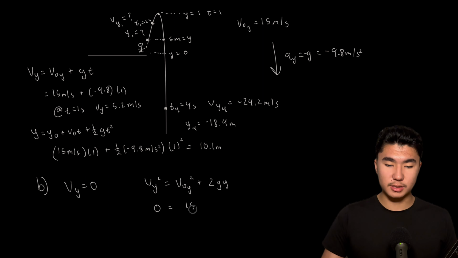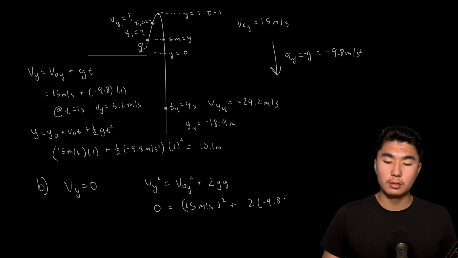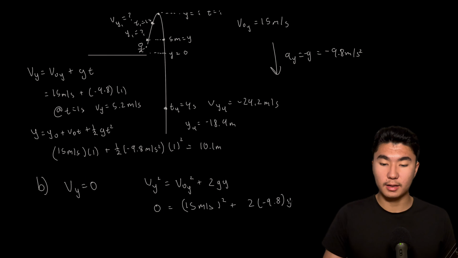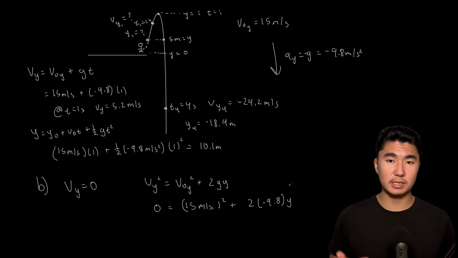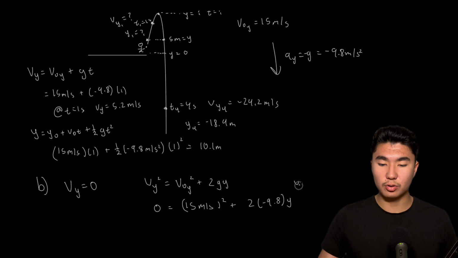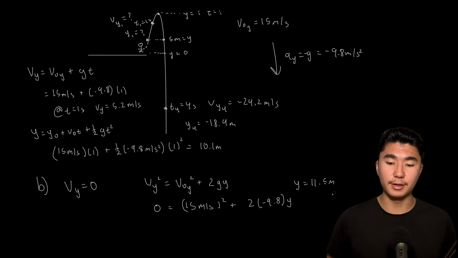Our initial velocity is 15 meters per second, and we're going to be squaring that, plus 2 times negative 9.8, and we have our position right there, which is our maximum height. So when you do the math, once you put all of that in a calculator, you're going to find that your position is 11.5 meters.